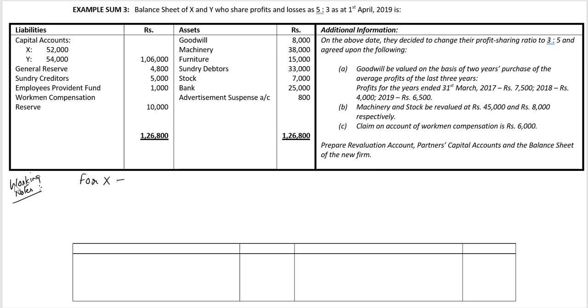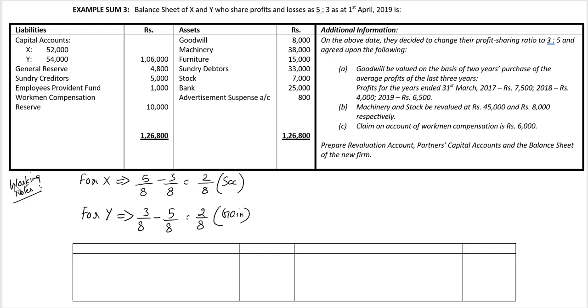For X, old share 5 divided by 8 minus the new share 3 divided by 8, positive 2 divided by 8, X sacrifices. For Y, old share 3 by 8 minus the new share 5 by 8, negative 2 by 8, Y gains.